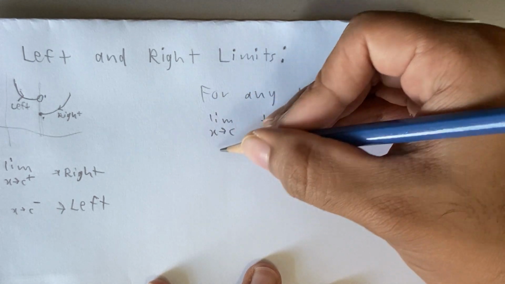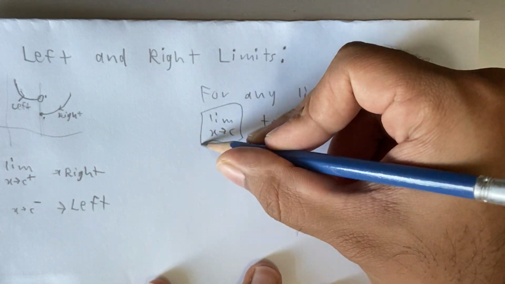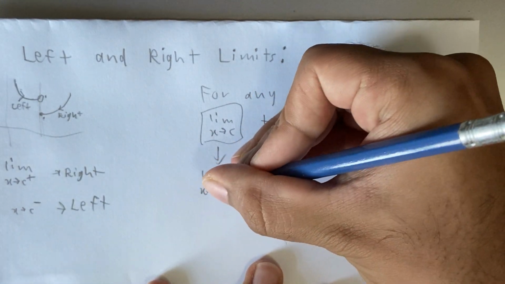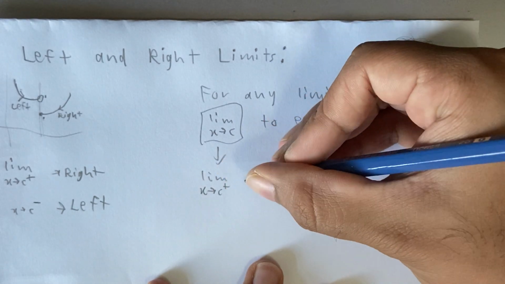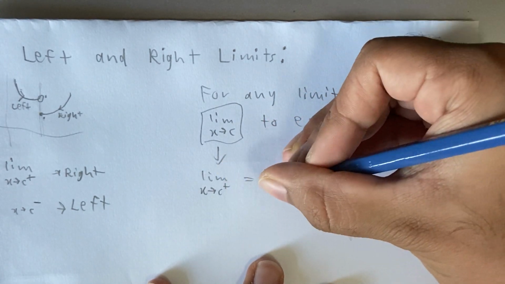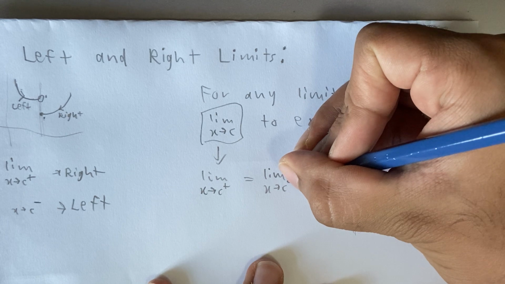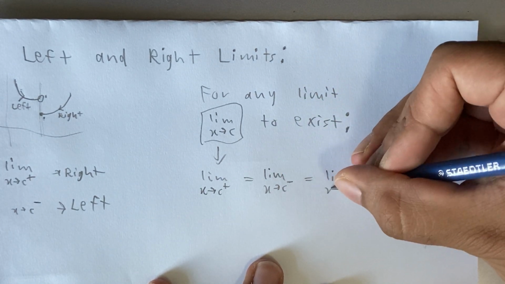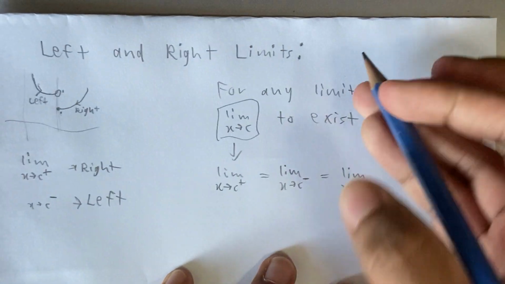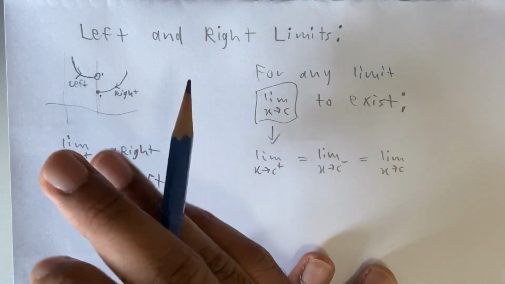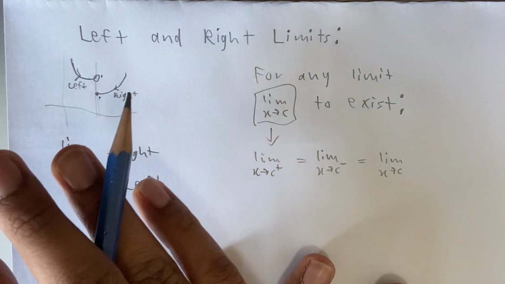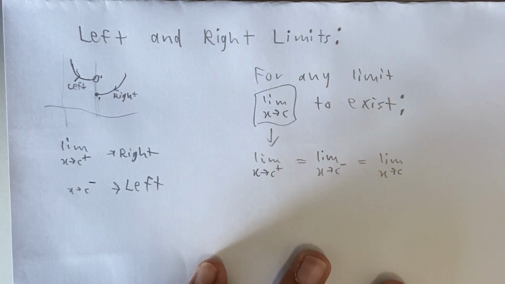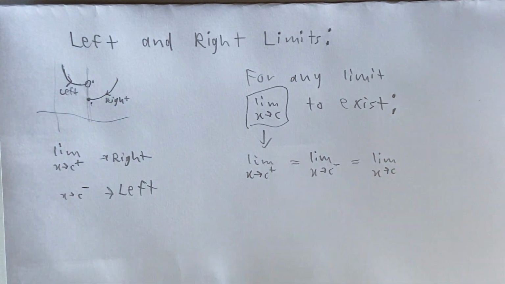The condition is that the right limit should be equal to the left limit, which is then equal to the actual limit at the point. So if you look over here, the actual limit does not exist because the left and right limits are different, but the left and right limits do exist.